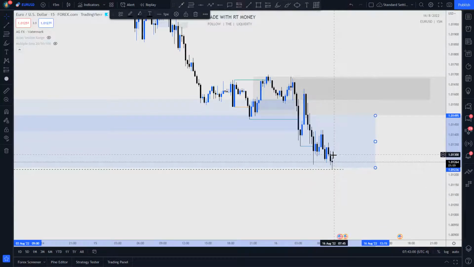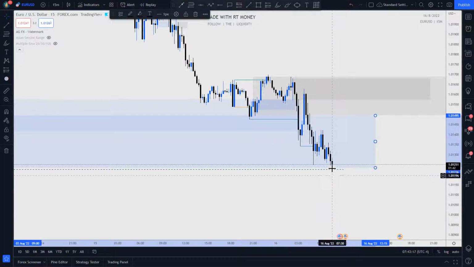This would be significant if we get a break and close, not on the 15-minute, but a 4-hour break and close below this. If we get a 15-minute, that's fine, because it's going to give us a definitive bias direction, the direction of this bearish order flow.